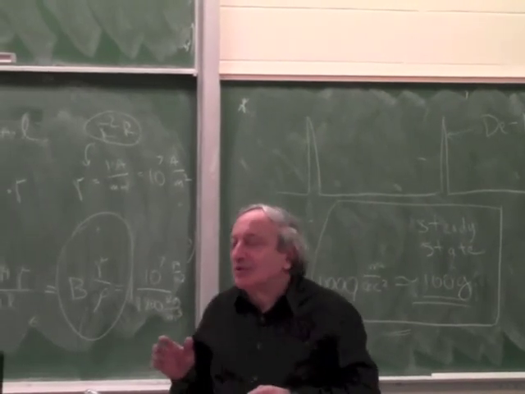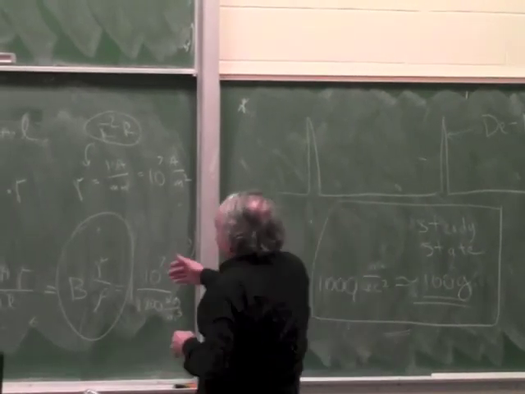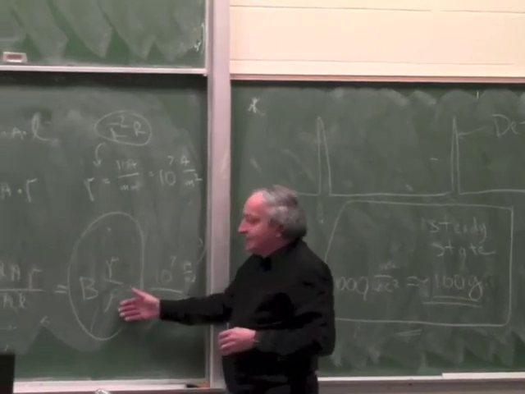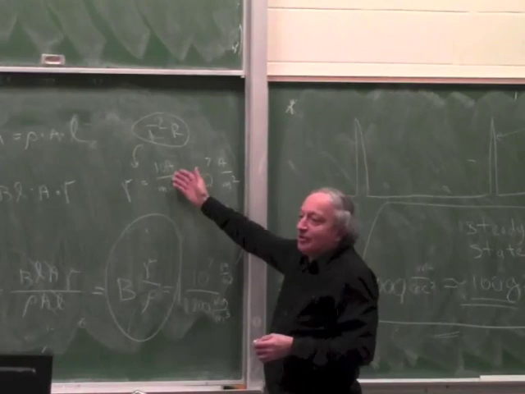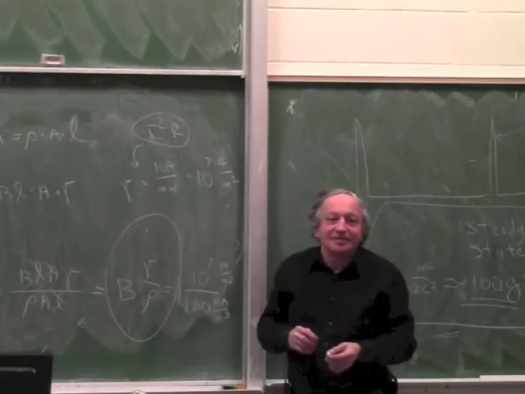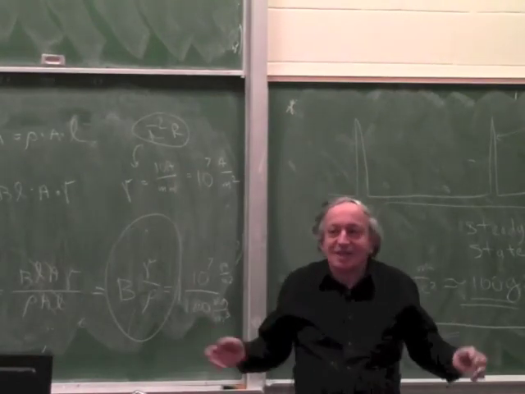So if we can't do much better on density, what about this? Can we find a metal which maybe conducts a bit less than copper but weighs a lot less? Aluminum. So that's the answer.